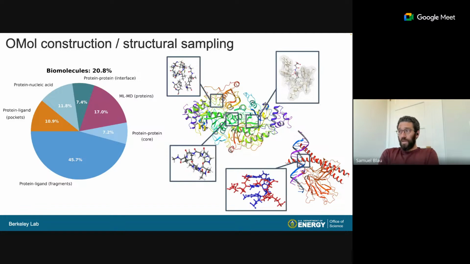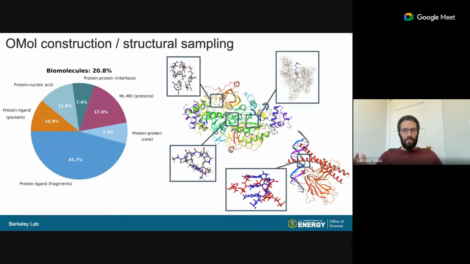But there's a lot of interest in having an accurate machine learning potential describing things like protein ligand binding and protein-protein interactions. But these are inherently larger snapshots that people had not really gone to this level of depth before. So let's start with protein ligand snapshots.